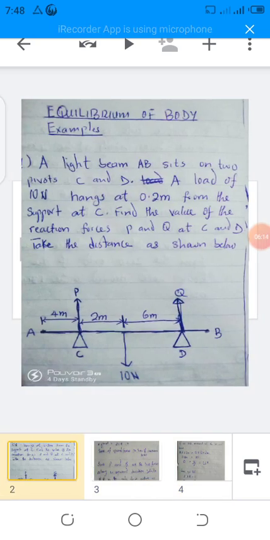So for the light beam AB not to fall down, the only thing that prevents it is the reaction Q. Then the reaction Q will drag the light beam AB back upward in anti-clockwise direction. So therefore, the clockwise force we have is 10 Newton, while the anti-clockwise force we have is Q.